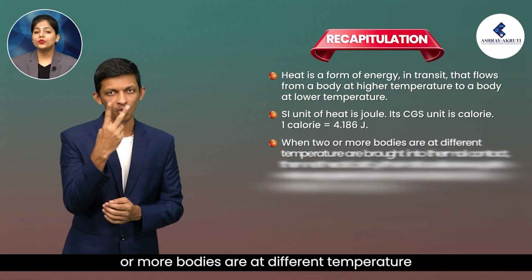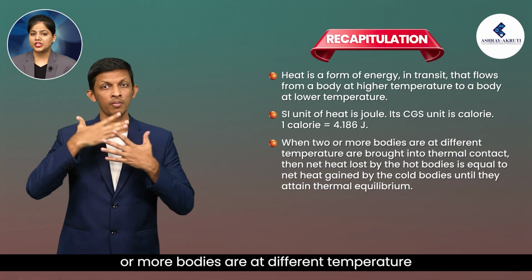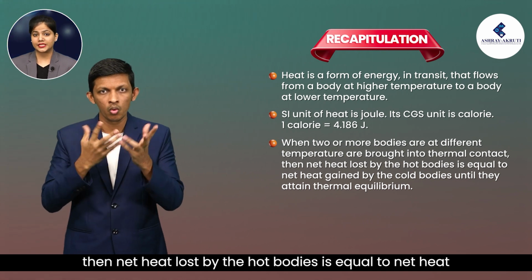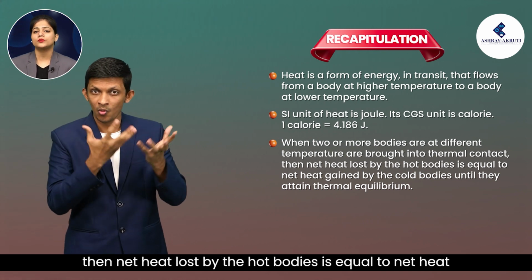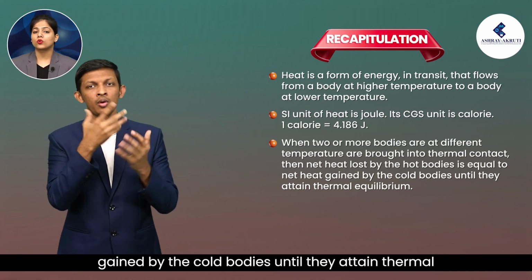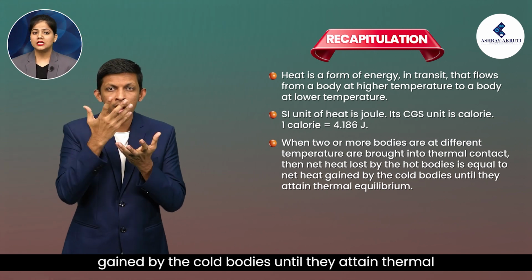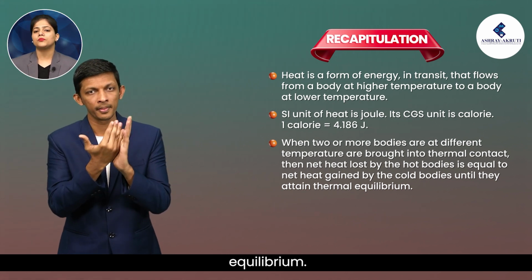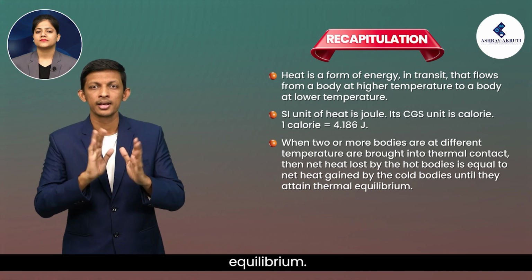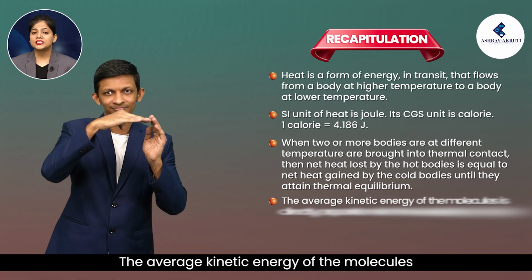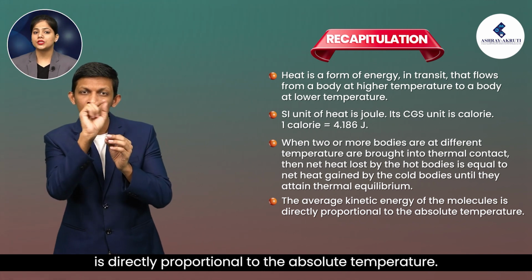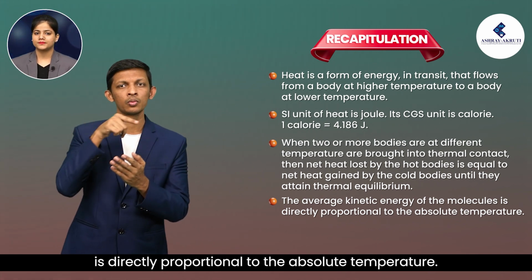When two or more bodies at different temperatures are brought into thermal contact, then the net heat lost by the hot bodies is equal to the net heat gained by the cold bodies until they attain thermal equilibrium. The average kinetic energy of the molecules is directly proportional to the absolute temperature.